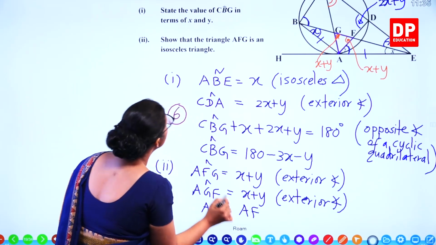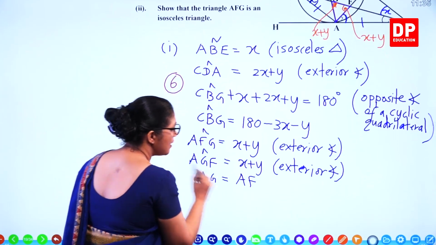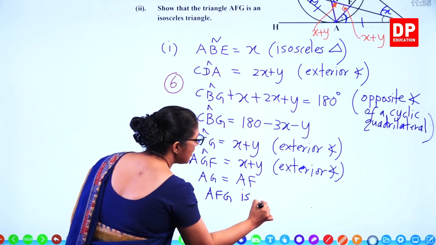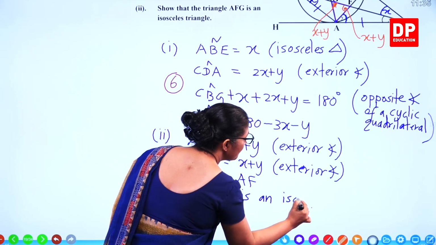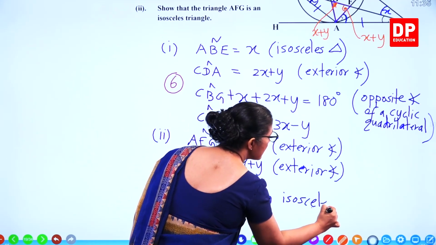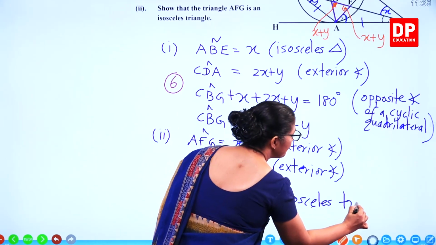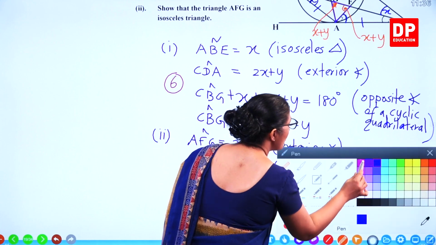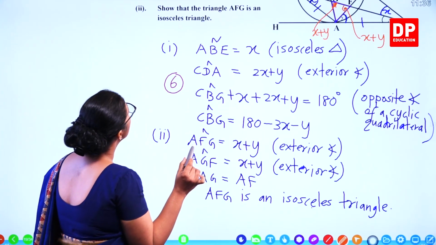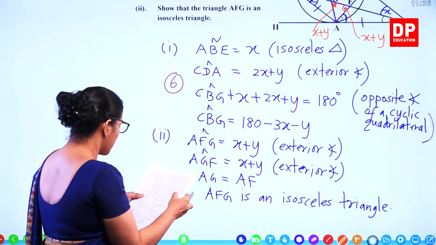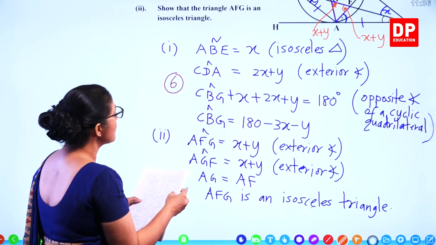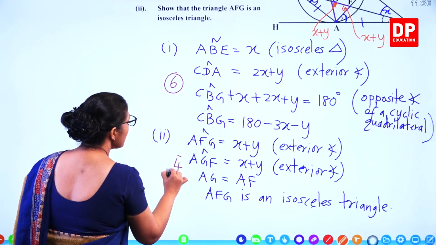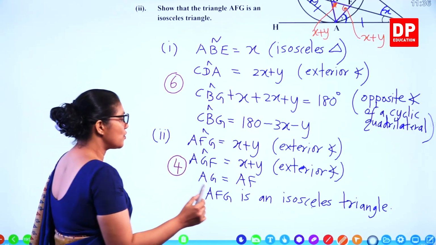So that means AFG is an isosceles triangle. So you get 4 marks for that. So 4 marks for these steps. So 1 mark for each step. So altogether 10 marks for that question.